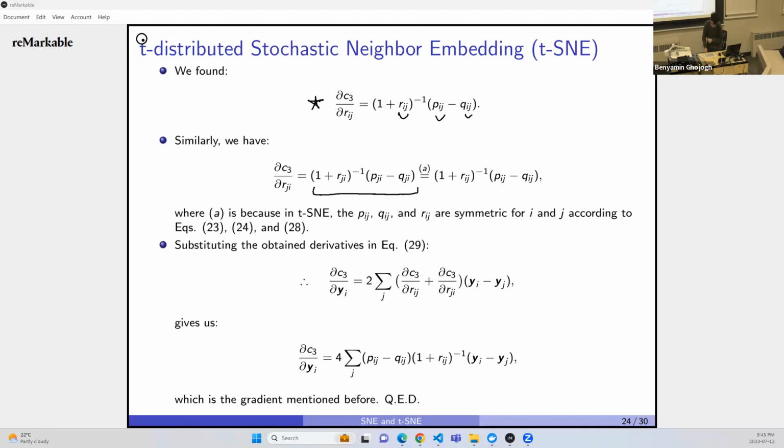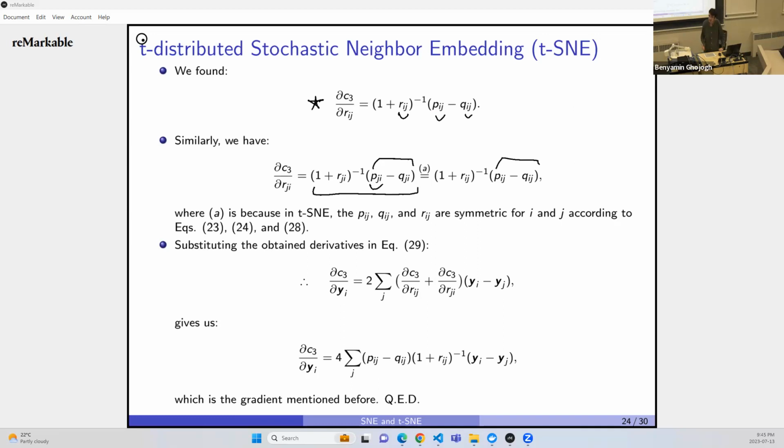We'll get this, right? And we know that Pij and Pji are symmetric because we made them symmetric. Therefore, Qij and Qji are also symmetric. Therefore, I can replace Pji minus Qji with Pij minus Qij.